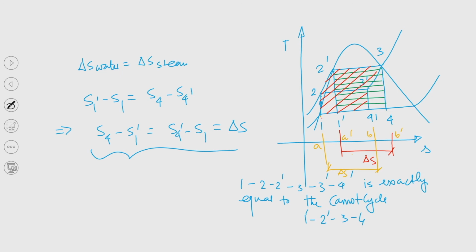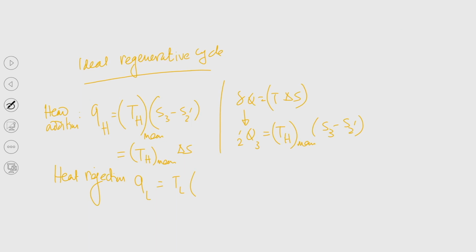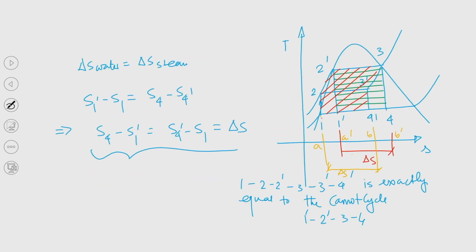So, this is delta S shown by this yellow color, right. So, S4 prime minus S1 is nothing but TL into delta S. See, these two delta S are equal. This delta S is equal to this delta S, that is what we have shown here.